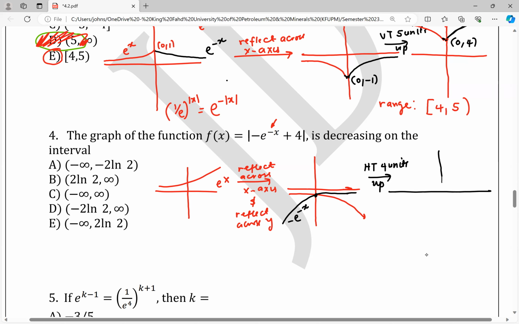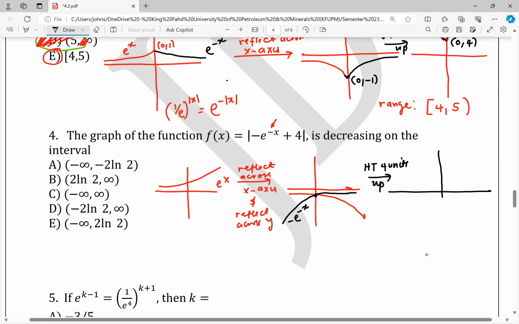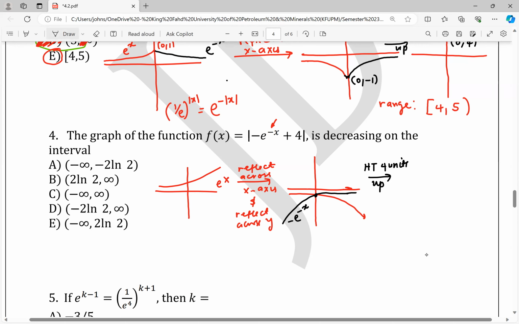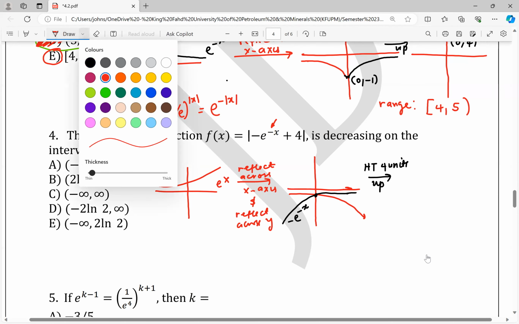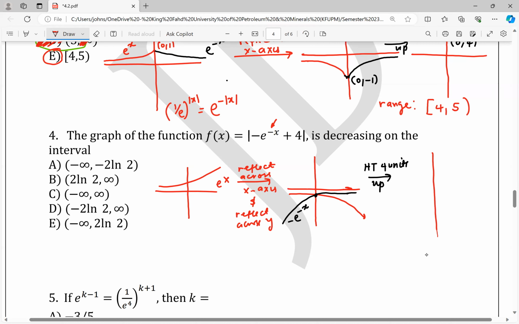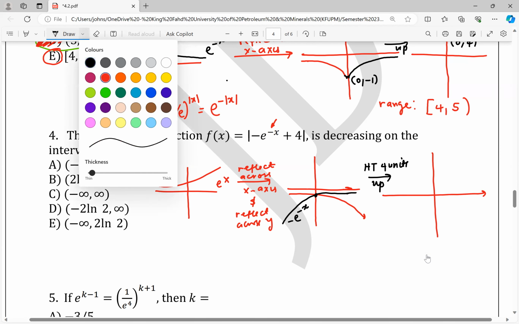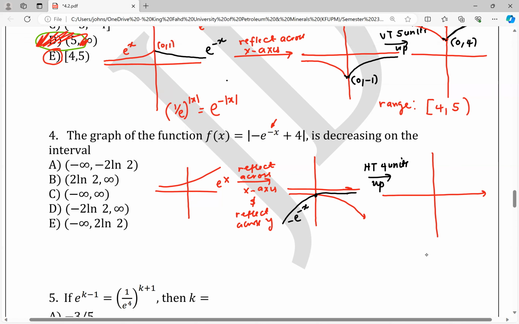It means that this point will go up 4 units. Remember here, the point used to be 0 and minus 1. So if we move it, the y value, minus 1 plus 4 is just going to be at the point 3. Right, so it's going to be something like this.